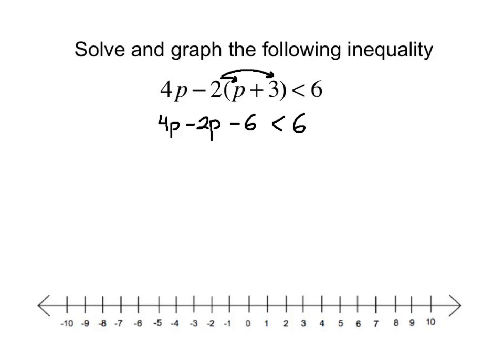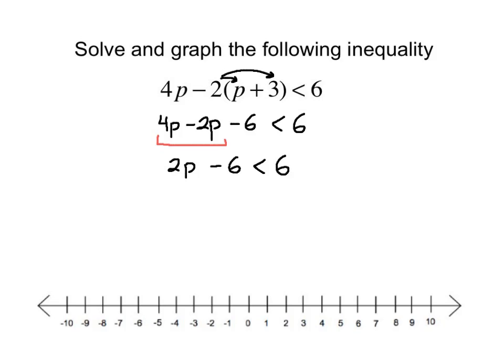So now I'm looking to simplify. I notice that I have two like terms here. I can highlight them right here, the 4p and the -2p. Those are going to combine into a positive 2p minus 6, which is then less than 6. Again, I know this is a less than sign because it's pointing to the left.